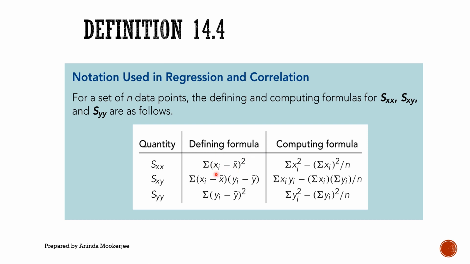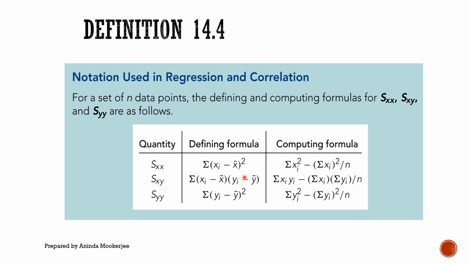So essentially when we say x sub i minus x bar, we are referring to how much each individual x value is off from the mean of all the x's, and then we square them and sum them. All right, and that's the defining formula of S sub xx.